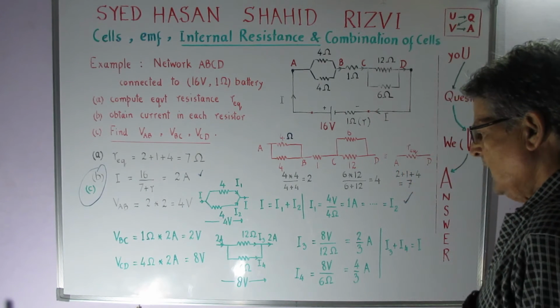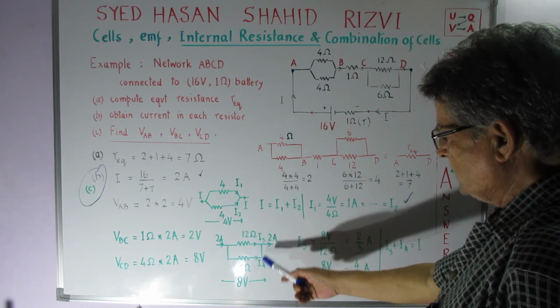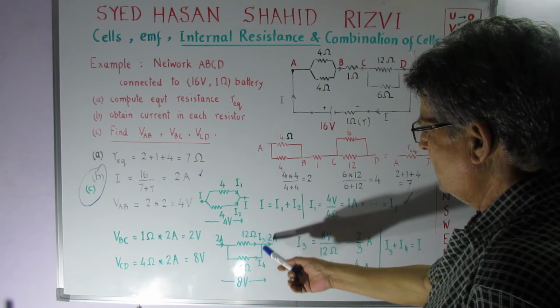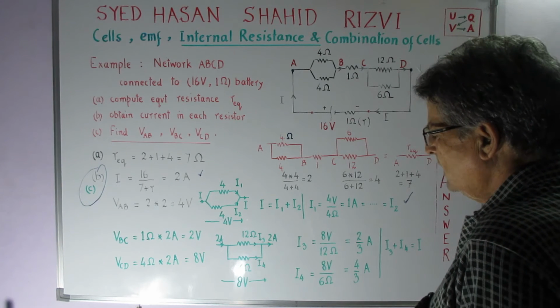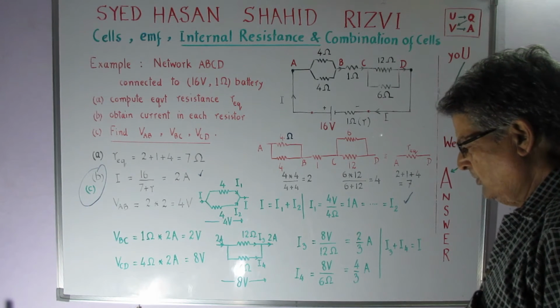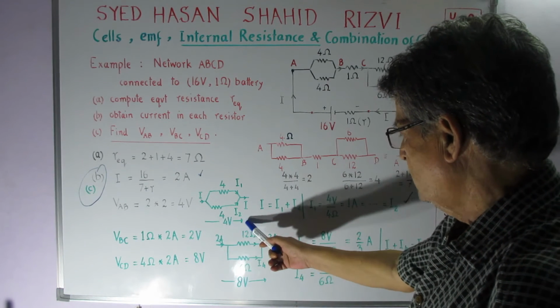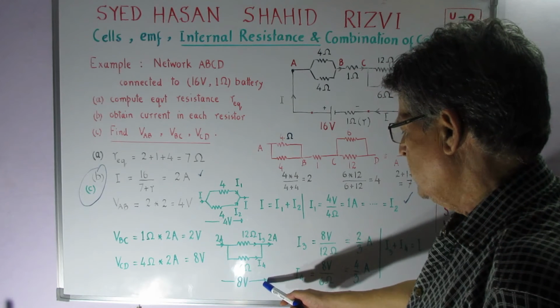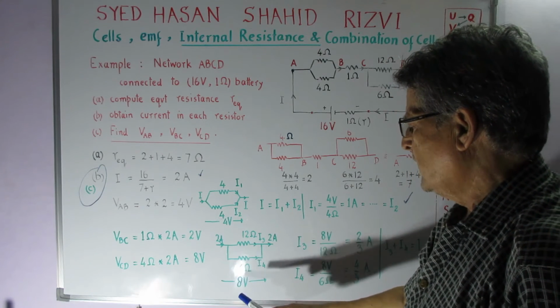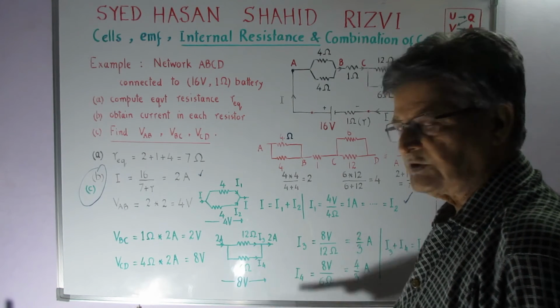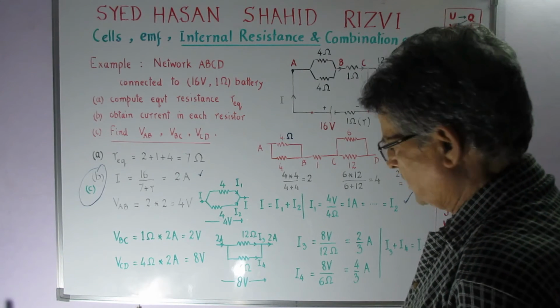Now, I designate this current as I3, I4, or I can do it I1, I2, etc. The symbols don't mean anything. Like I have shown here 4 volts, I will show 8 volts over here. No need to write plus and minus, because we always understand that this is a fall of voltage.